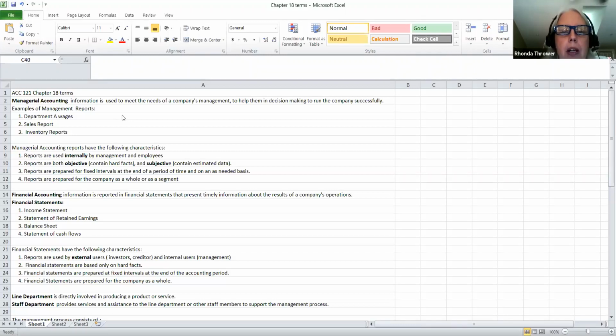We want to try to help management to make good decisions so that they can run the company successfully. And so that's the purpose of managerial accounting reports. They're going to be used basically just to meet the needs of management.